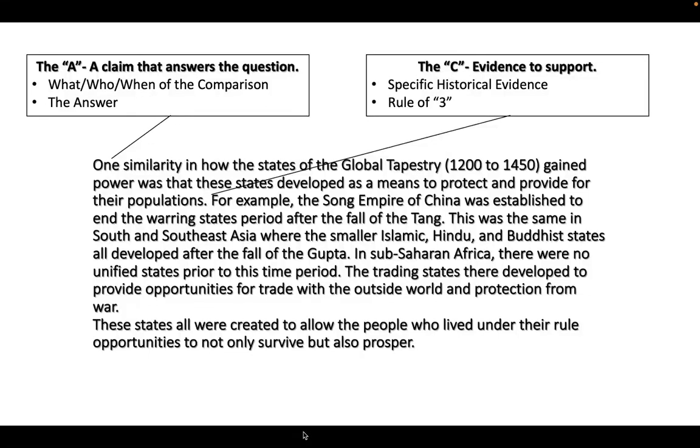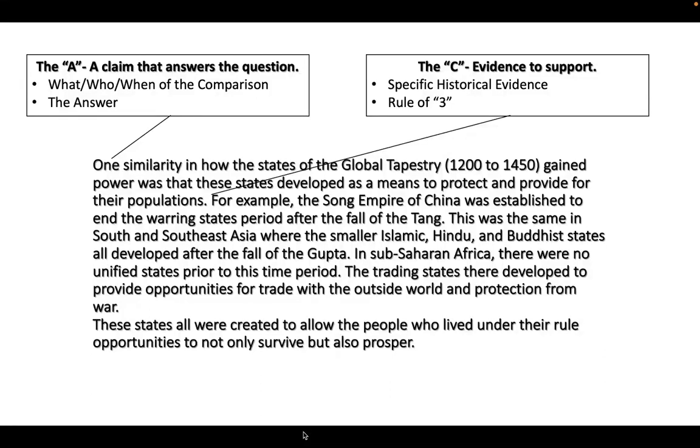Again, this sentence is a little vague, but it does mention the Gupta and fulfills the requirement for specific evidence. In sub-Saharan Africa, there were no unified states prior to this time period. The trading states, specific historical evidence there, developed to provide opportunities for trade with the outside world and protection from war. So the rule of three is where we provide three examples out of the five.